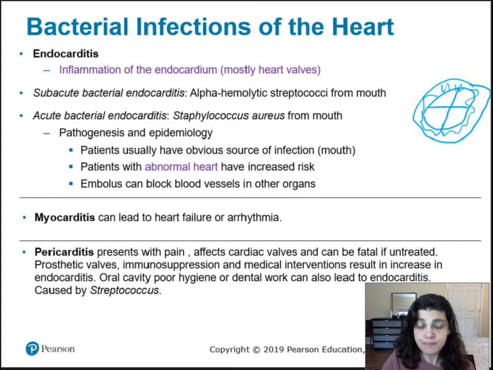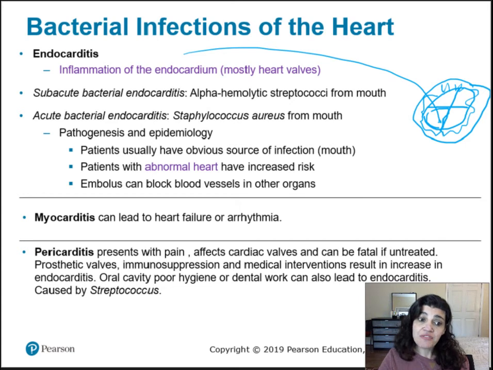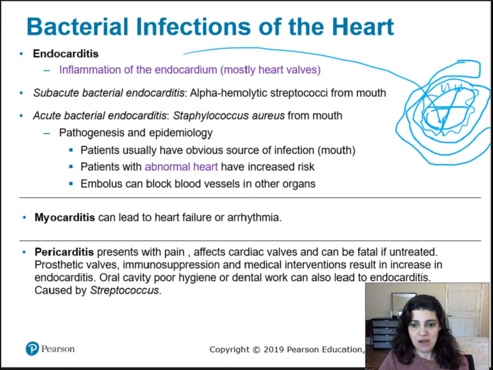The endocardium is the layer that lines the inside of the chambers. So that's endocardium. And then you have pericardium, which is that sac. It's a double layer sac that surrounds the heart. Okay? So that's the pericardium. So you have a sac around it, a muscle on the wall, and an endothelium inside. These 3 layers can get infected with bacteria.